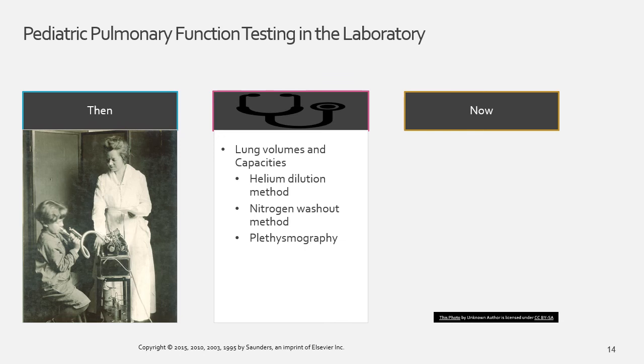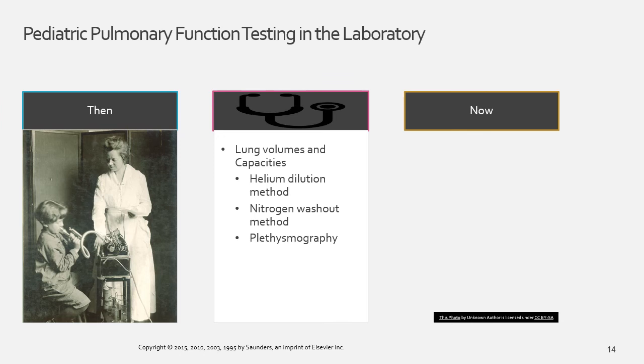The helium dilution method of calculating an FRC measurement measures only the gas that is in direct communication with the central airways. Helium dilution is described as a closed-circuit technique because the subject rebreathes within a closed system, typically a bag.